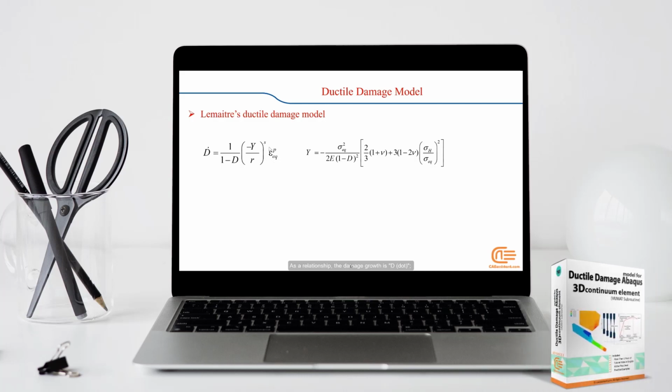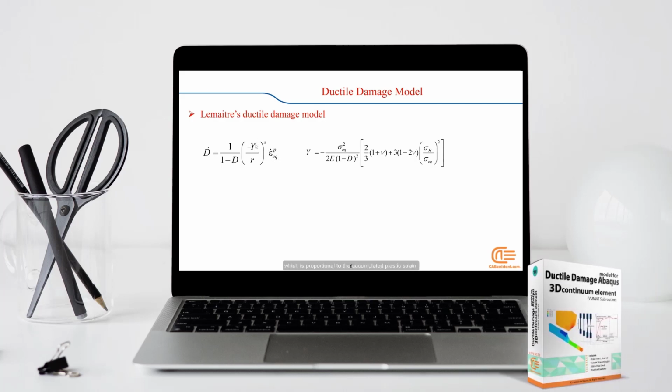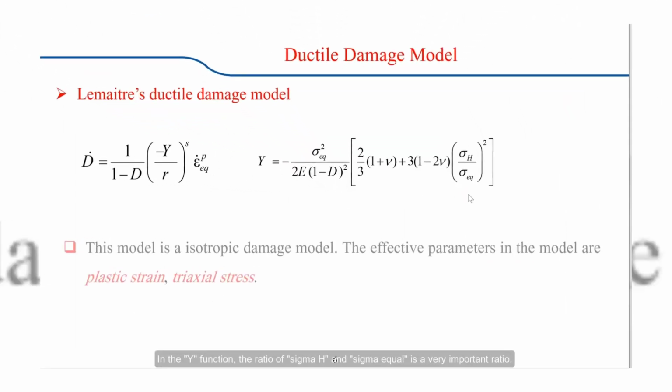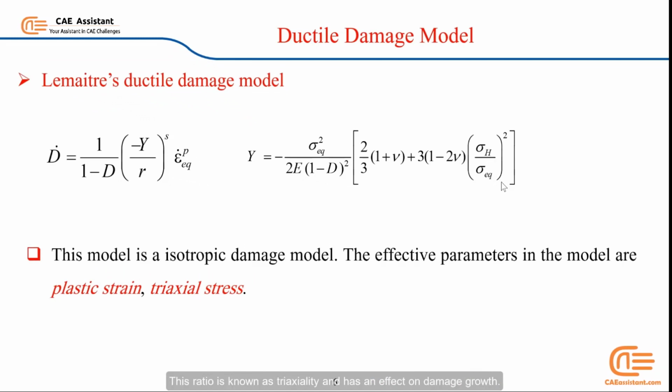As a relationship, the damage growth, D dot, is proportional to the accumulated plastic strain and Y, which is known as the energy release rate and is a function of stresses. In the Y function, the ratio of sigma H and sigma equivalent is a very important ratio. This ratio is known as triaxiality and has an effect on damage growth.